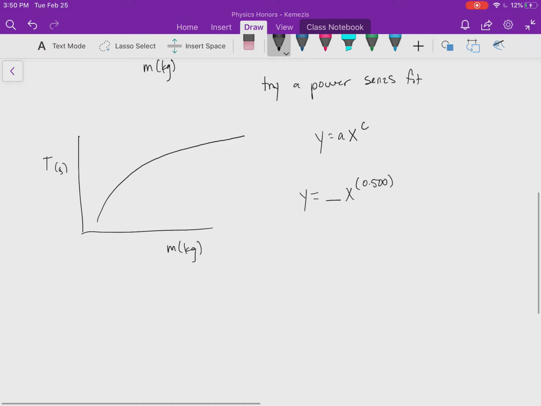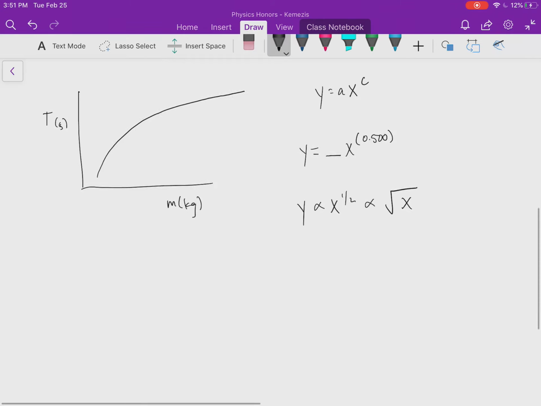But if you get this fit, it's the same thing: y is equal to x raised to the 1/2, which is also known as the square root of x. So we see this relationship of y, I'm going to say is proportional to, because I left the constants out. In this case, y is our period, and we're going to say y is proportional to the square root of the mass.